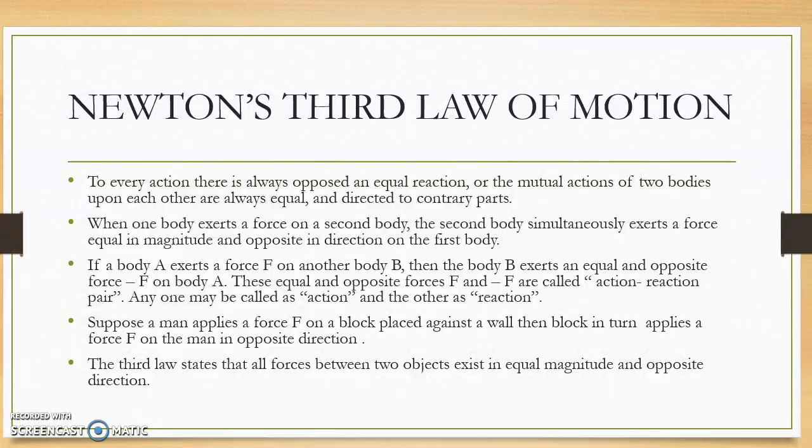If a body A exerts a force F on another body B, then body B exerts an equal and opposite force minus F on body A. These equal and opposite forces F and minus F are called an action-reaction pair. Any one may be called the action and the other the reaction.